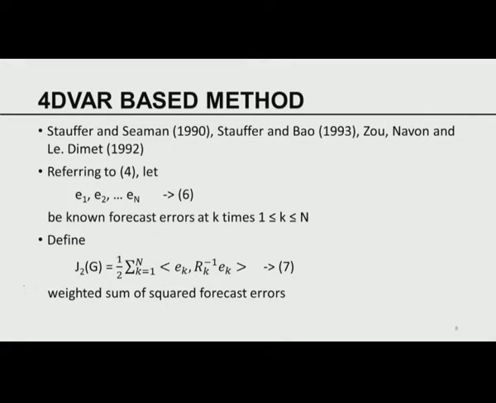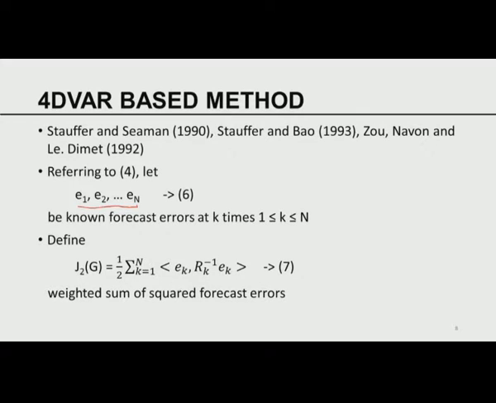So 4D-Var based methods were introduced by at least 3 sets of authors: Stauffer, Seaman, Stauffer and Bao, Zhao, Nawan and Li Demey in the early 90s. Referring to 4, which refers to the expression for the forecast error, let E1, E2 to En be the set of forecast errors created based on the model forecast.